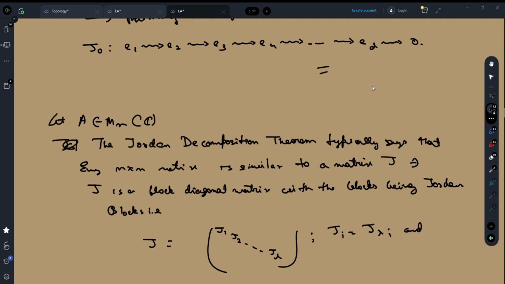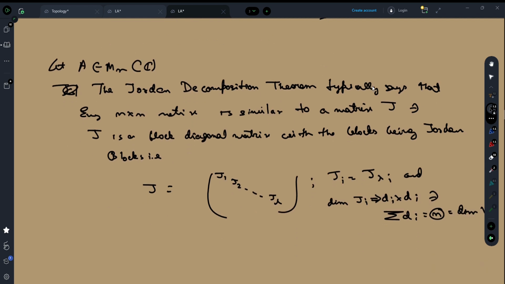Okay, and the dimension of each of these blocks Ji is, let's say, di cross di, such that the summation over these di is equal to n, where n is the dimension of V. That's quite obvious. Or dimension of A, you can think of it like that.